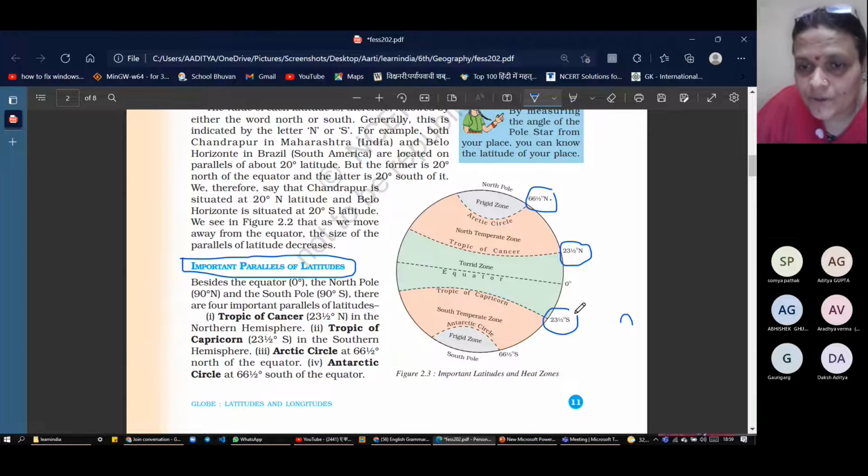So the Tropic of Cancer and Tropic of Capricorn value is the same. You just have to write north and south now. N for the Tropic of Cancer and S for the Tropic of Capricorn. Same way for the Arctic Circle, you have to write 66.5 degrees north, and this is 66.5 degrees south for the Antarctic Circle.